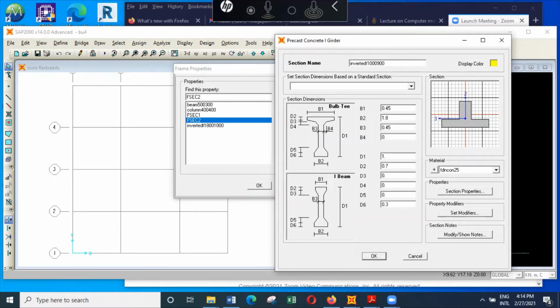For the outer frame, I'll use a lesser depth. So this is 0.9, and the width is 1, and this is 0.6. So you can see it's the inverted T.